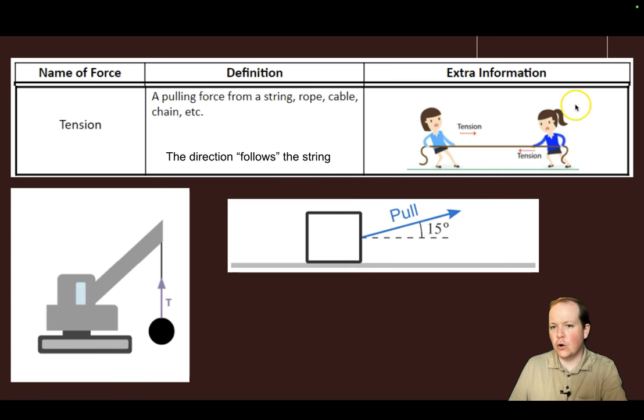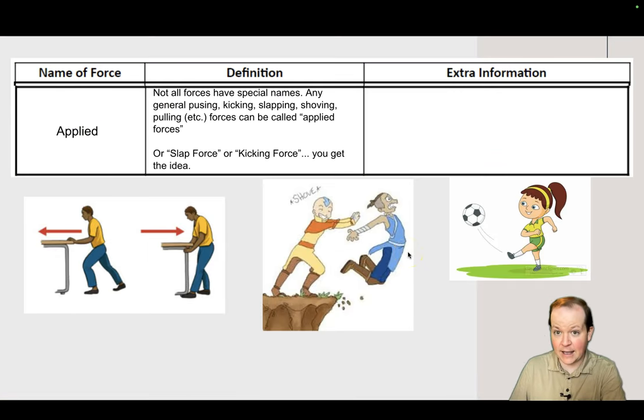It looks like this girl is pulling on this other girl in this tug of war by pulling on the rope. What direction is the force on this person? Well, since the rope is horizontal, the force is horizontal to the left. Here, because the string is vertical, the tension force on this ball is vertically upwards. Here, if this was a string and we were pulling it at some angle, the direction of tension would also be at an angle. Okay?